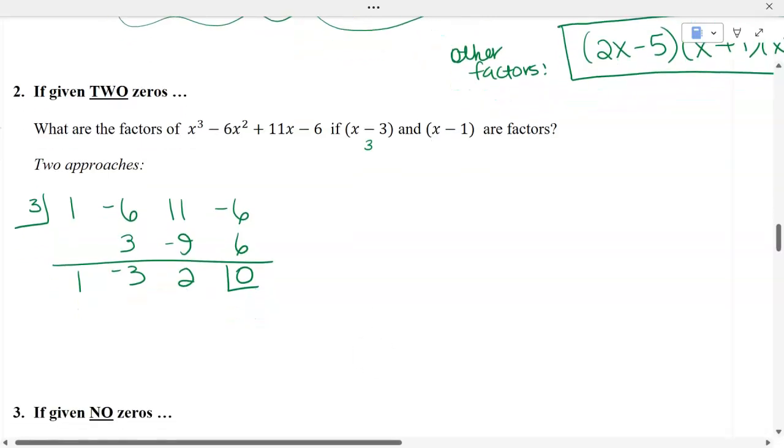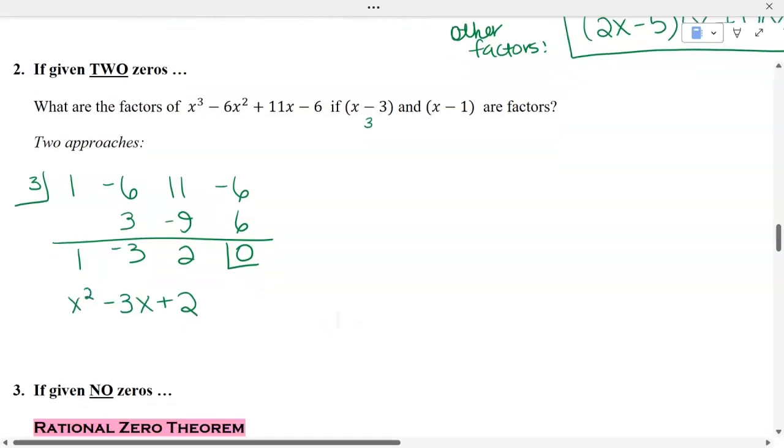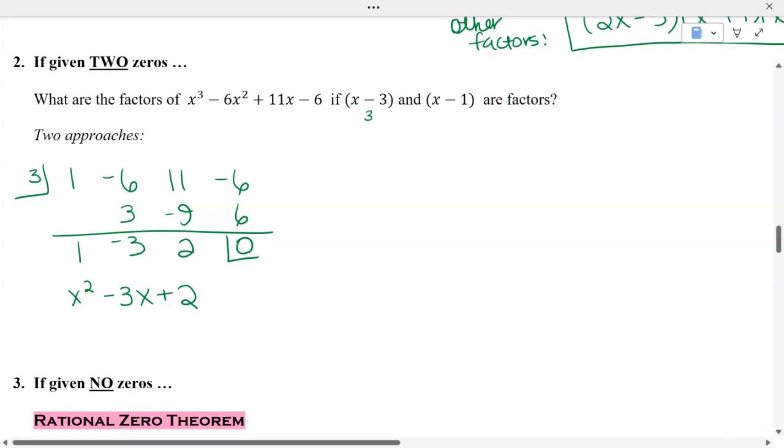Now, one thing that we could do here is, once we have our coefficients, we could assign our x values. Because we started out with a cubic, this is going to be x squared. And you may look and say, oh, x squared minus 3x plus 2, that can be factored into x minus 2 times x minus 1.